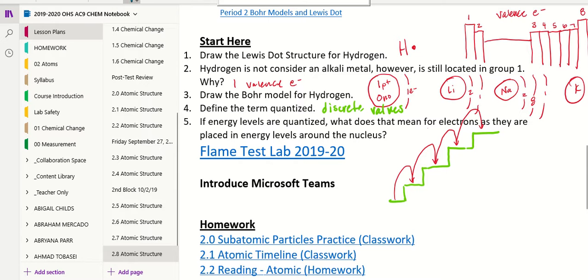What happens when you're running upstairs and you try to step right here? Yeah, you fall and bust your nose. So the idea here is you have discrete values for each of your stairs. You can't go anywhere in between the stairs or you're just going to fall flat on your face.